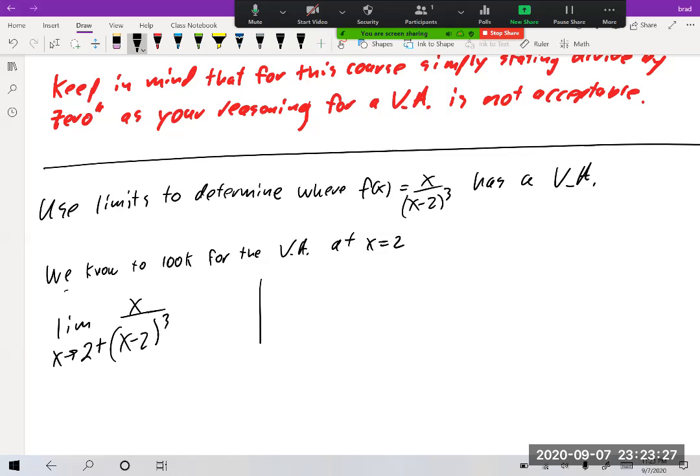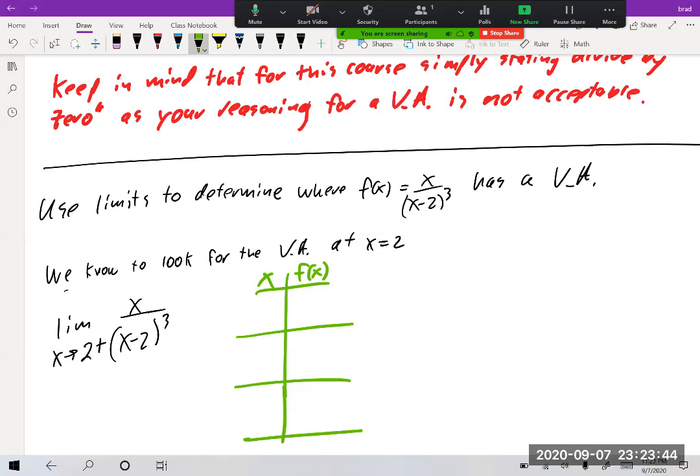So I'm going to go from the right of 2. So here's x, and here's f of x. I'll do 3. We might need more, but we'll see how it goes. Okay.